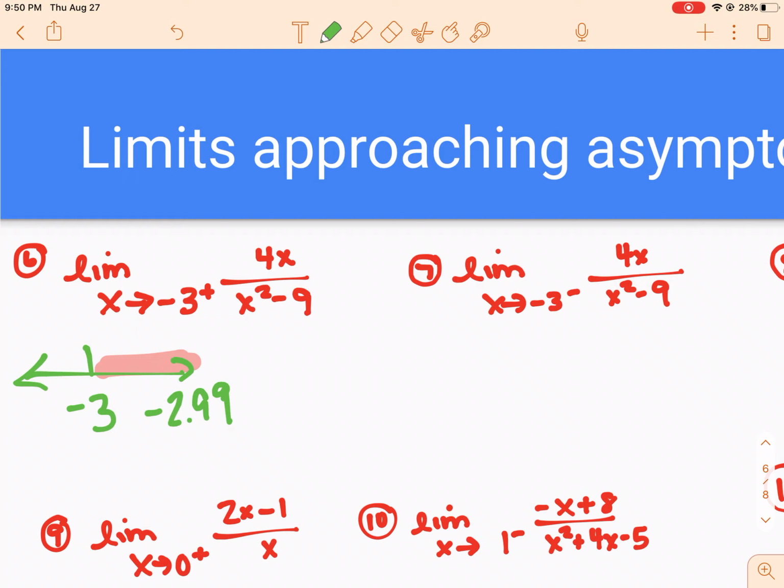So if I put that number in the numerator, I'm going to get a negative. If I put that number in the denominator, I'm taking a negative number, I'm squaring it, so itself is positive. But since it was smaller than 3, when I square it, it's going to be less than 9. So it's going to be something smaller than 9 minus 9.